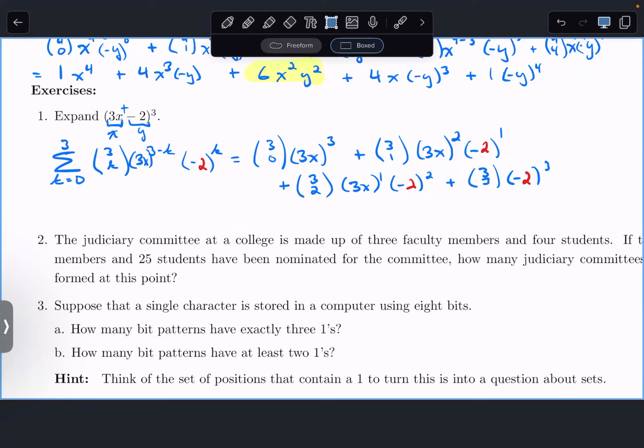Why did I stop? You need 3 choose 1, but then you'd have to go 3 squared, x squared, negative 2, bring the negative up front, if we were supposed to collapse this whole thing, but the expansion is done already. So I'm happy there.